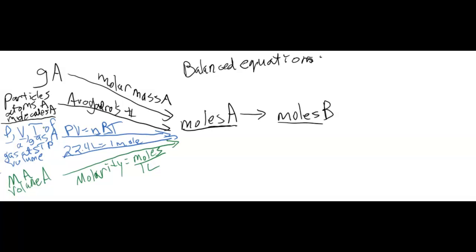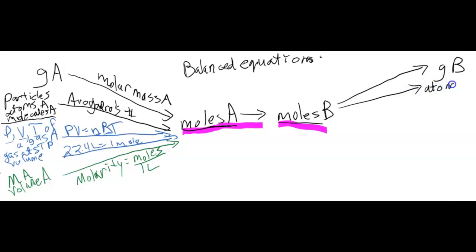Once we know the moles of A, then we can use our balanced equation to get from moles of A to moles of B. Once we've found the moles of B, we can use all of these same relationships to find our grams of B. We can find our atoms or molecules of B, depending on what we're working with.